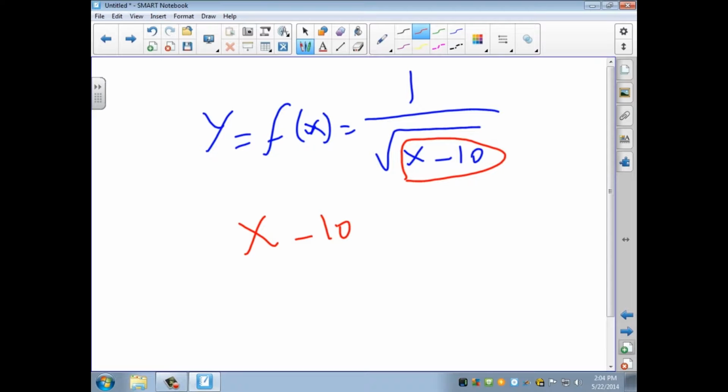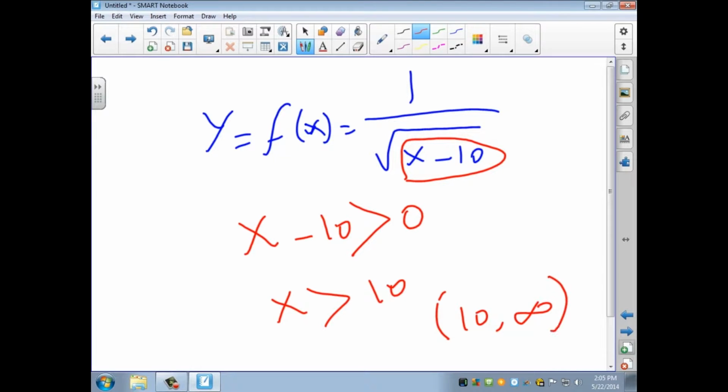But at the same time, since it is a denominator, it cannot be 0. So it should be greater than 0. Cannot be equal. So it has to be positive and not including 0. That means x has to be greater than 10. So the domain of this function would be parentheses 10 to infinity, close the parenthesis. This is the domain of this function.